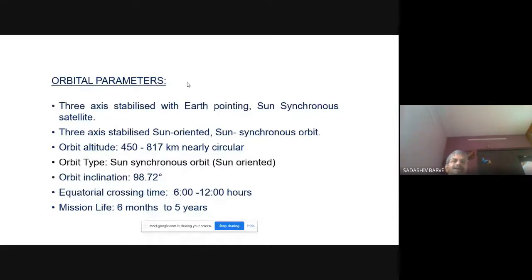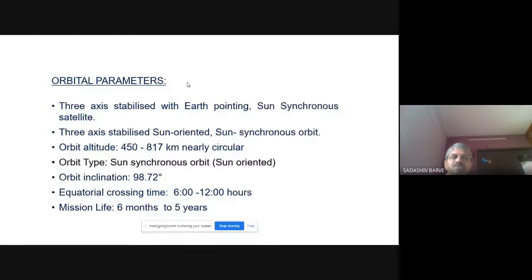Then the second category, in the last 10 to 15 years, we are coming across most satellites of what we call sun oriented, sun synchronous satellite. Here, one surface looks towards Earth but it is not exactly sun oriented. During a certain portion of the orbit only will it look toward the Earth, like an Earth pointing mode.